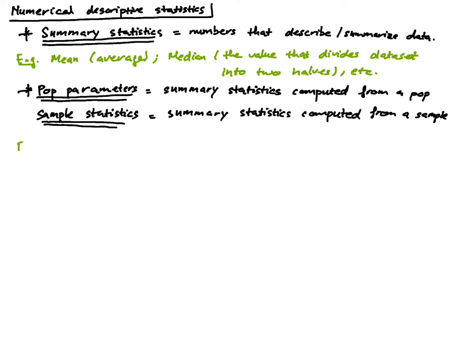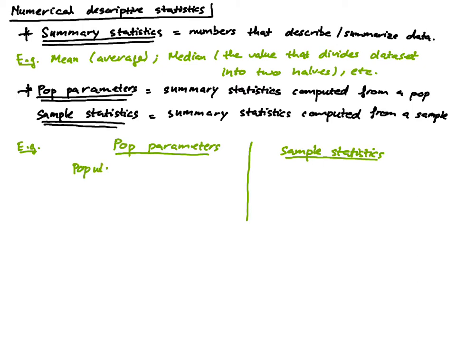As an example, if we have population parameters and sample statistics, some examples of population parameters are the population mean, right, the population median, the population variance or standard deviation.